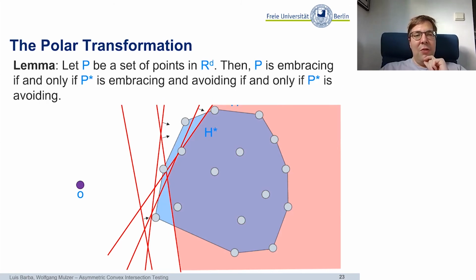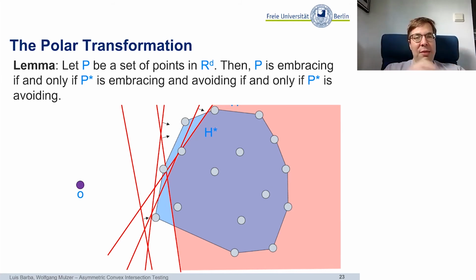And now the main lemma that we have allows us to switch between points and hyperplanes. So suppose we have a set of points in d dimensions. Then the point set P is embracing if and only if I look at the dual hyperplanes of these points and orient them towards the origin, and this set of half spaces that I get is embracing.